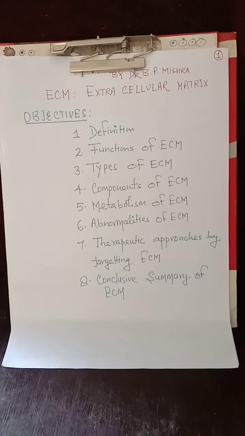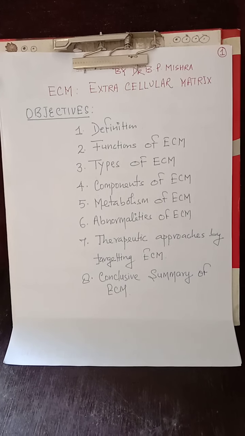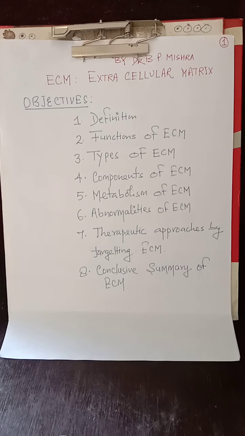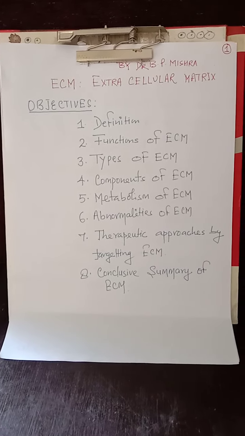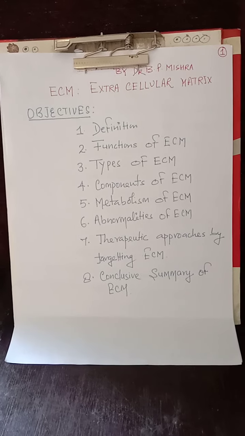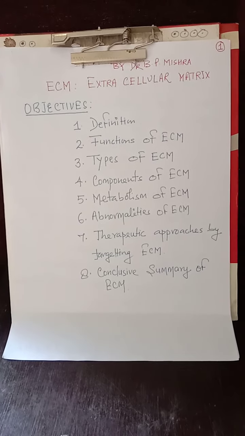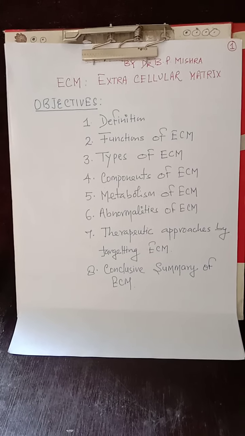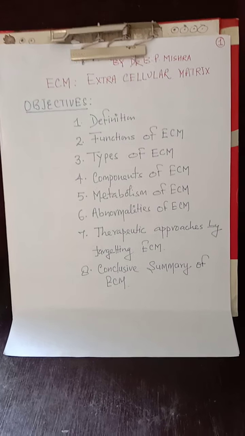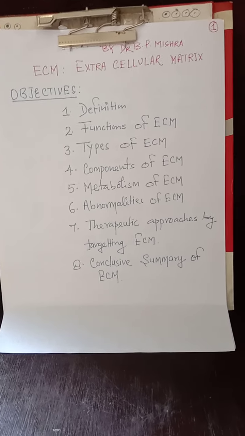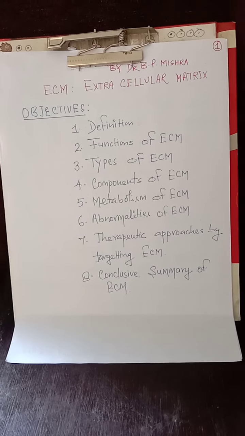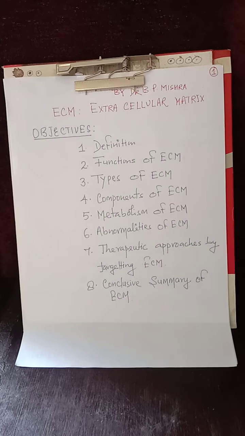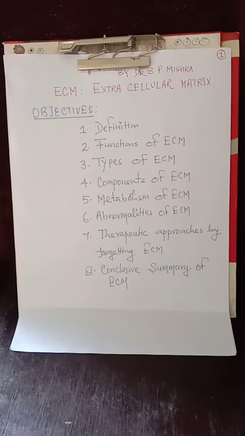Few are macromolecules, few are micromolecules, such as carbohydrates, proteins, lipids, nucleic acids, minerals, vitamins, growth factors, etc. So extracellular matrix mainly belongs to the proteins, and a few are a special type of proteins. So you see the exact definition of this one.